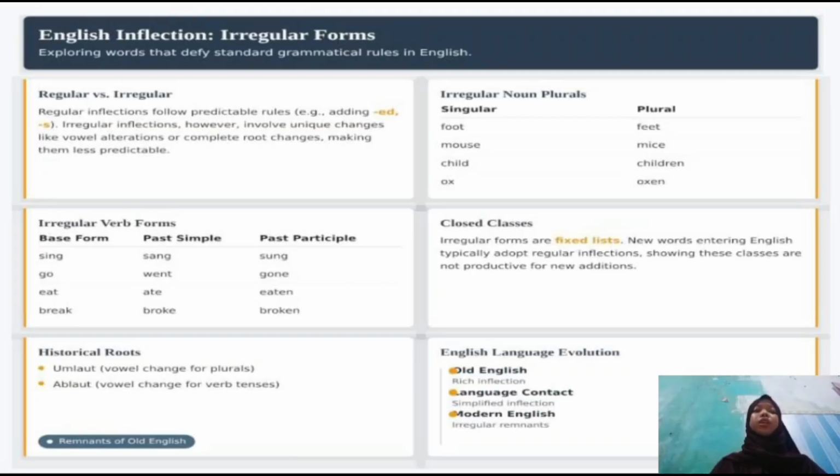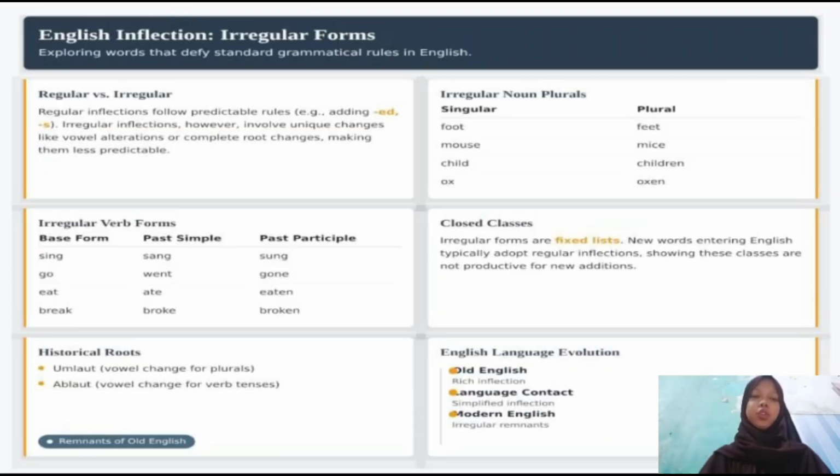And the third is modern English. Most inflections are gone, but some irregular forms still remain, like sing, sang, sung; eat, ate, eaten; mouse becomes mice, and child becomes children. These are leftovers from Old English.